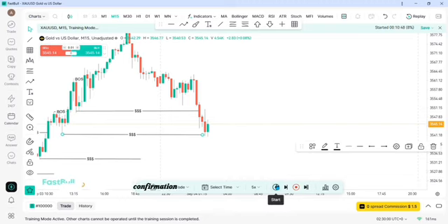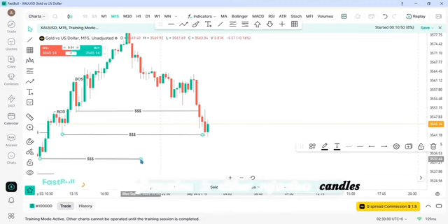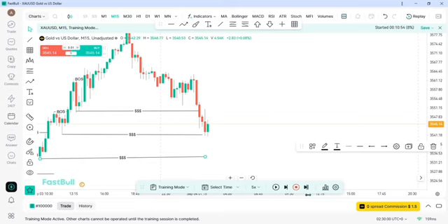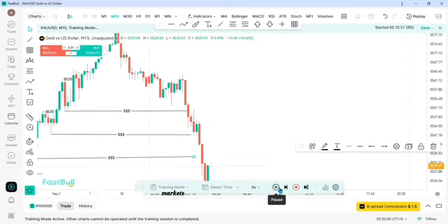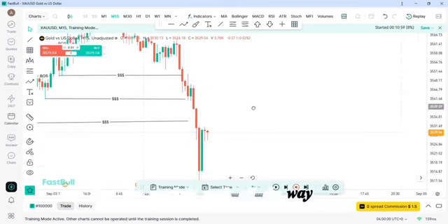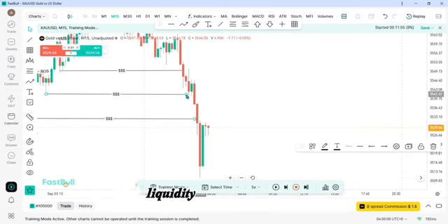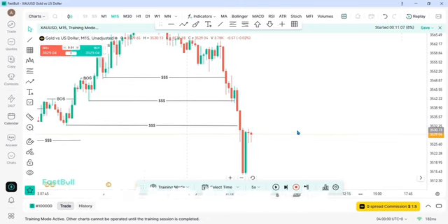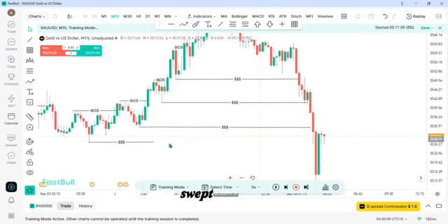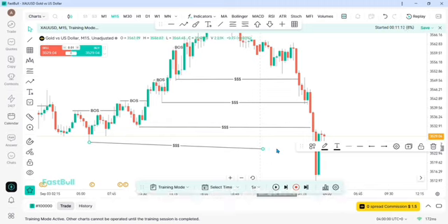And our confirmation is either rejection candles or engulfing candles. And then the market pushed all the way to this side, to our third liquidity. That means we have potential. Oops, it's even swept this liquidity over here.